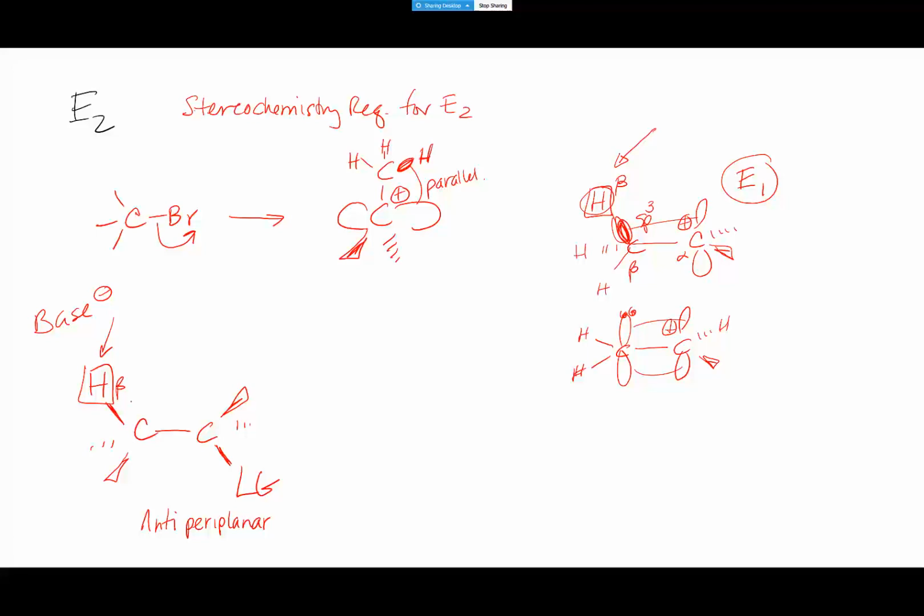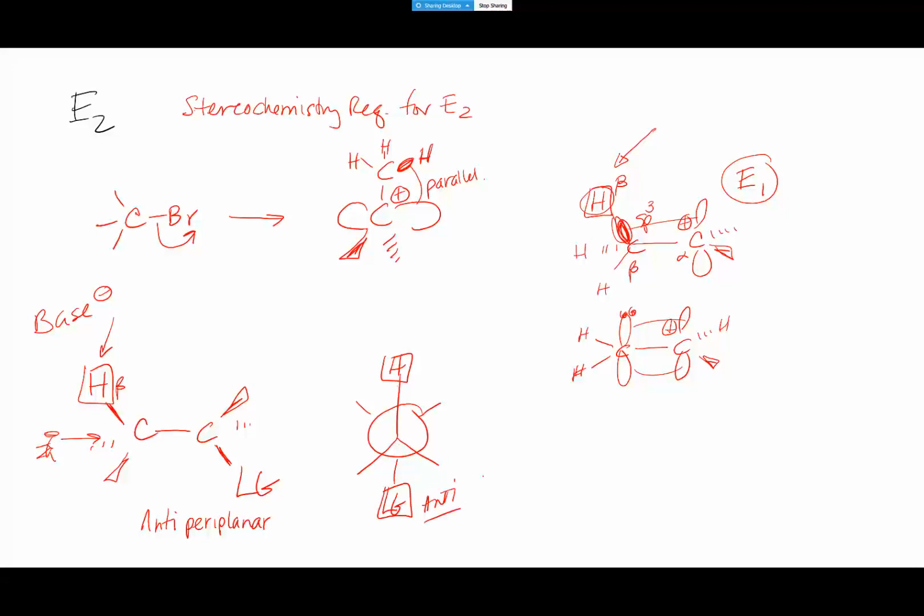So the only way that that beta hydrogen is going to be removed is if it's anti-periplanar to the leaving group. If I was looking down that carbon-carbon bond, that means if I write my Newman projection, the beta hydrogen and the leaving group have to be anti to each other.